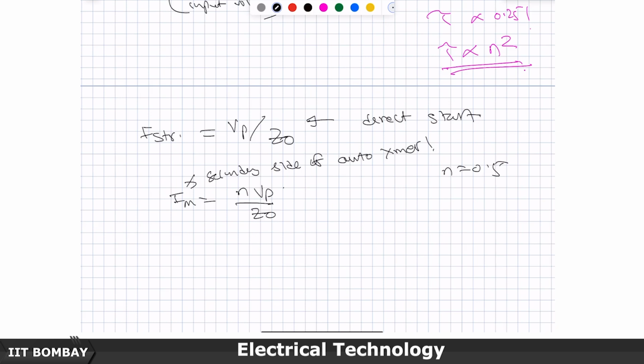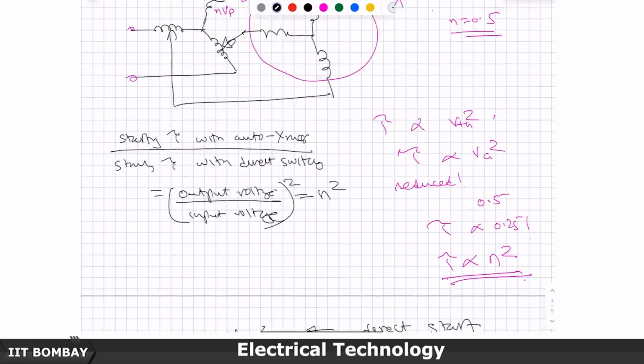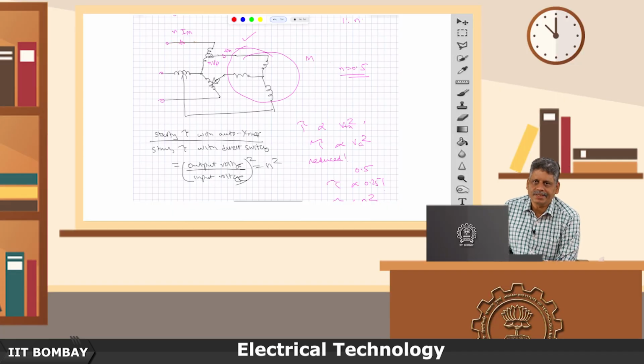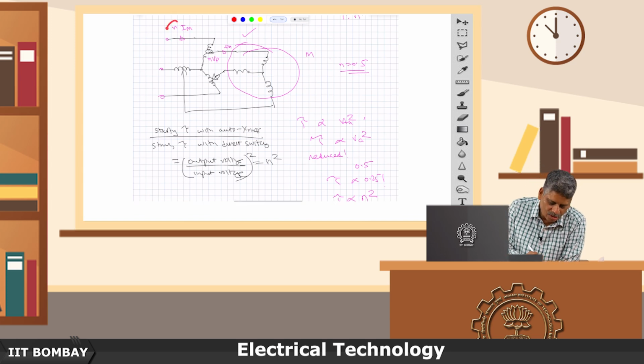Then on the primary side, it will further change by n. So n is 0.5 means it will further reduce by a factor of 0.5 when you go from the secondary side to the primary side. Here itself it has reduced by 50%. When it goes from the secondary side of the auto transformer to the primary side, it will reduce by another 50%, or actually multiply by n, but because n is less than 1, it reduces by another 50%.